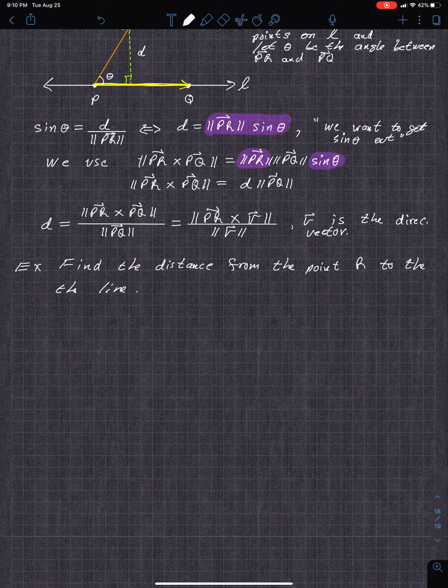This happens to be number 36, by the way. R is 2, 1, negative 1.